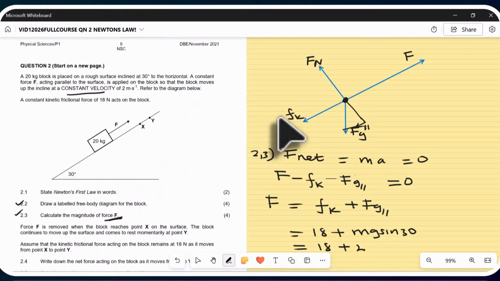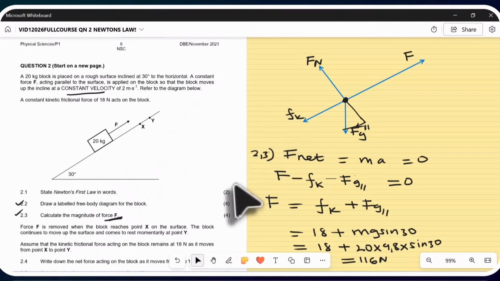Which answer do you get, calculators? So here it gives me 116 newtons. And because they say the magnitude, they don't want direction, otherwise I was going to say upwards. The question talked about magnitude, so they only want the size. That's our 2.3, and I hope we are together.